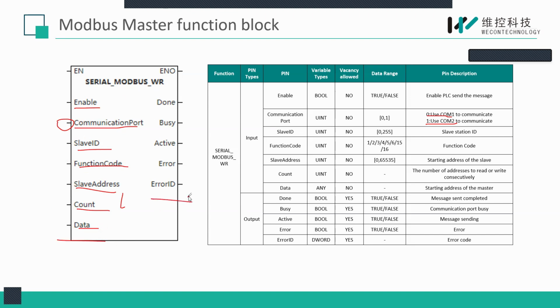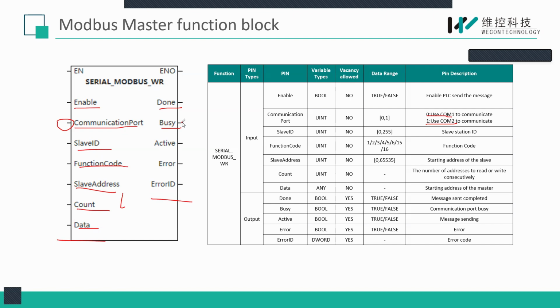And the output we have is done. Done means the message is sent over. Busy means the COM port is still busy. Sometimes there are many different function blocks in our project, and the PLC will work through them from top to bottom.